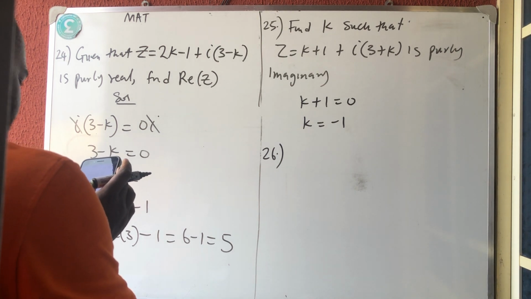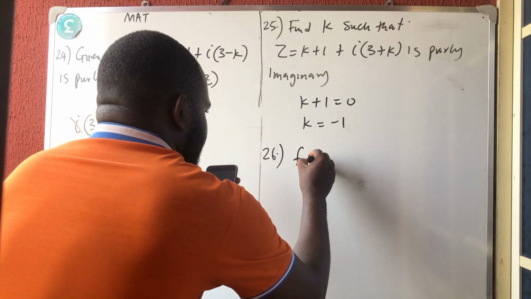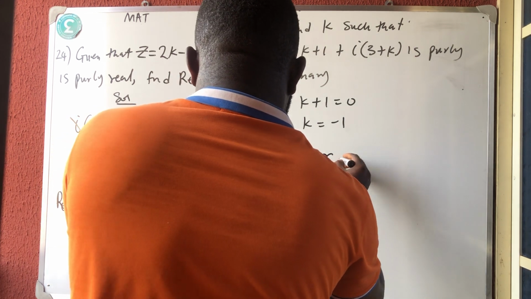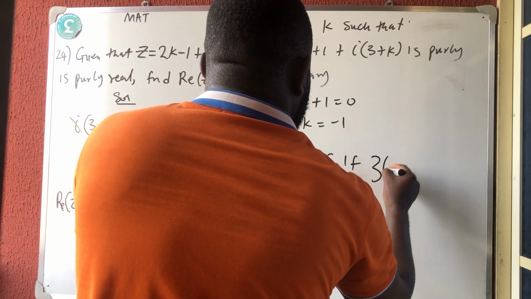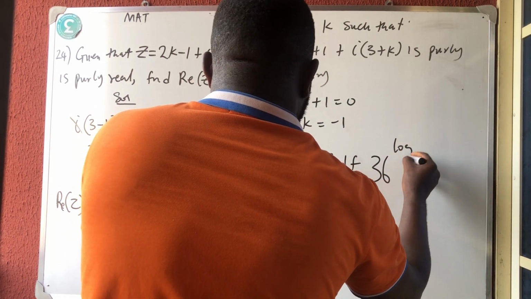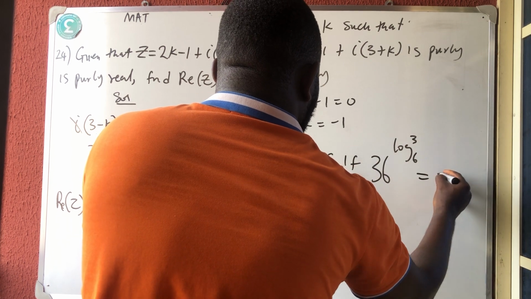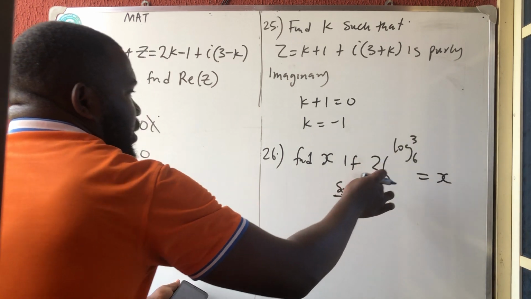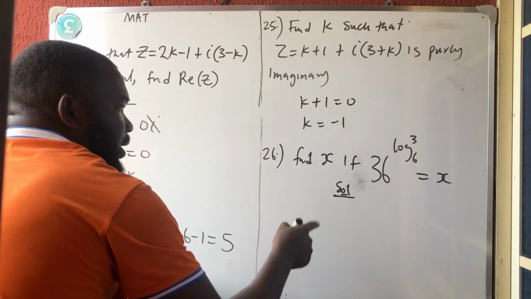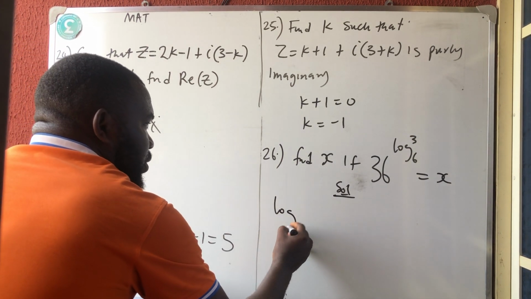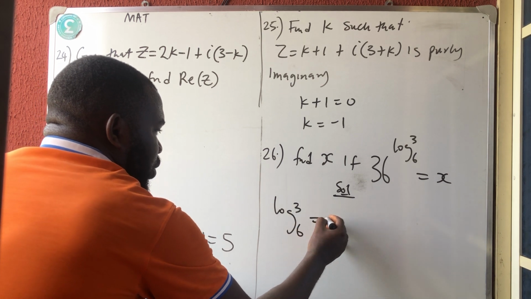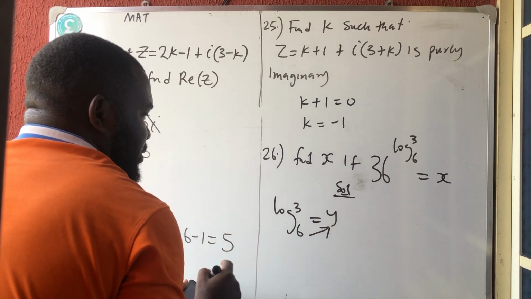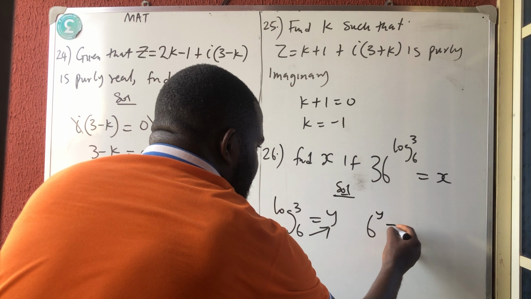Number 26 said find x if 36 raised to power log 3 base 6 is equal to x. Okay, solution. Now anytime you have that the log is at the power, let that log be equal to something. So let log 3 base 6 be equal to y. Which means 6 raised to power y is equal to 3.